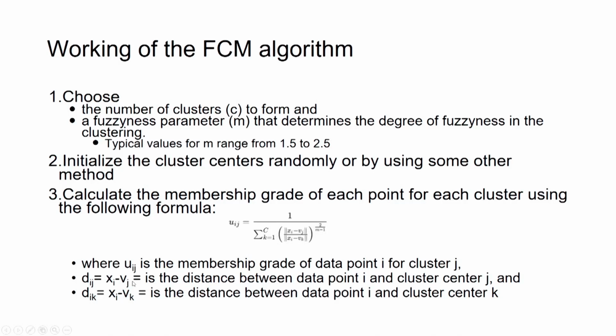Let us understand it. This is 1 upon the norm of xi minus vj upon the norm of xi minus vk, and then we are taking summation over k equal to 1 to c, where c is the number of clusters. So, for the ith data point we want to calculate membership for the jth cluster.